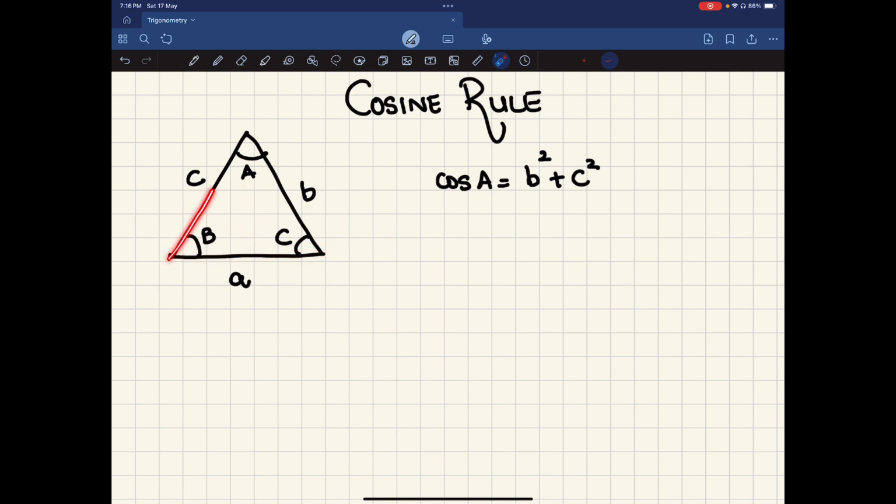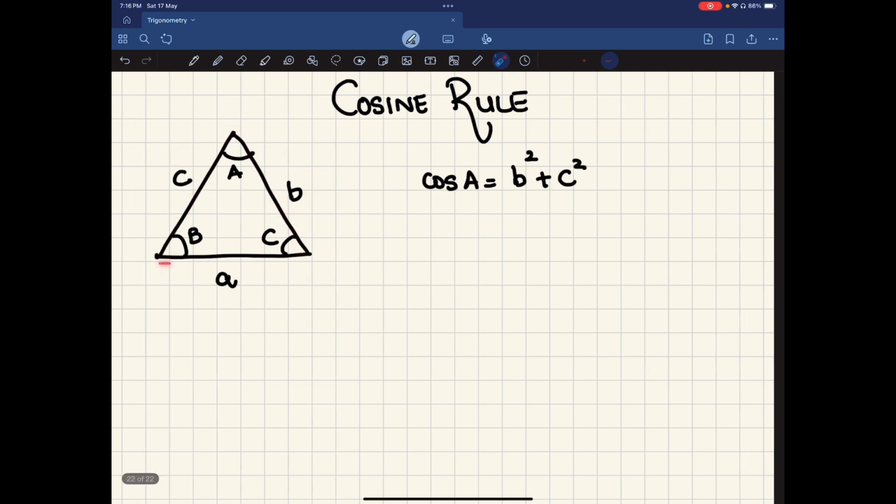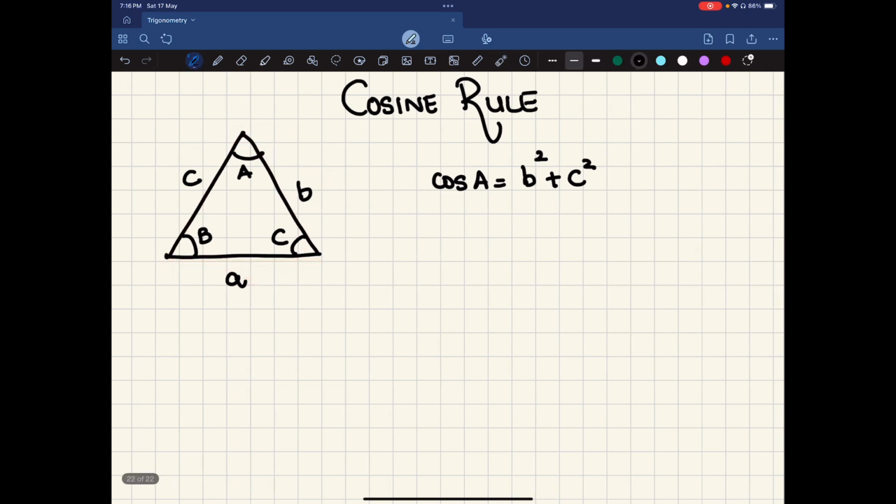The squares of the neighboring sides will be added together, and the square of the third side will be subtracted: minus a squared, divided by 2 times bc, 2 times the product of the neighboring sides. So cos A is the sum of c squared plus b squared minus the third side, a squared, divided by 2 times the product of the neighboring sides, the squares of which were added.